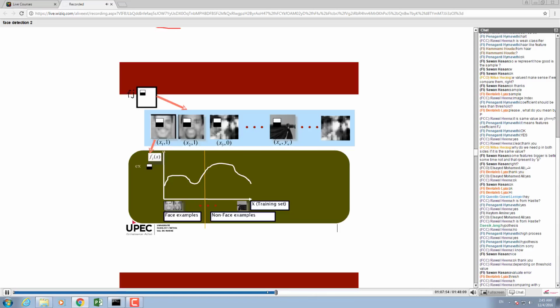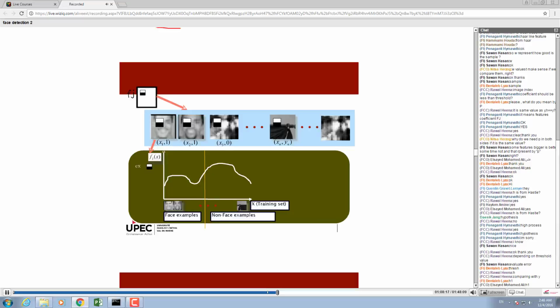For example, if we compare two weak classifiers, h1 gives us 3 wrong answers, and h2 gives us 10 wrong answers based on y. Then which one is better, h1 or h2? Yeah, h1. Very straightforward, right?